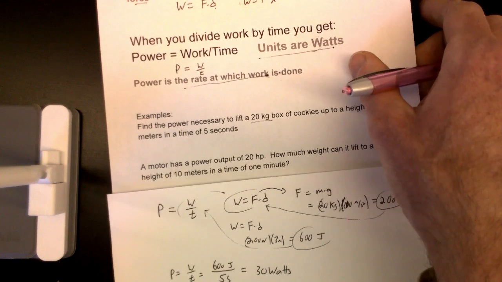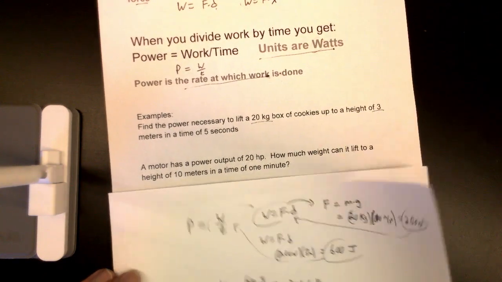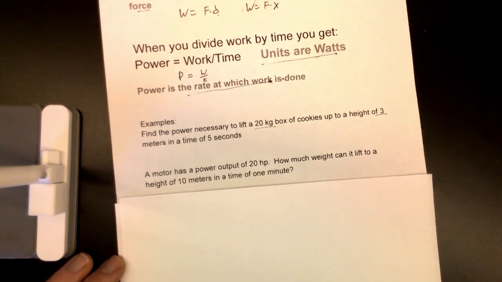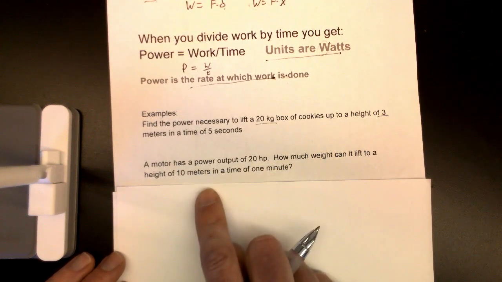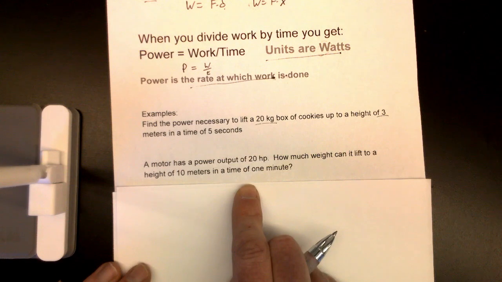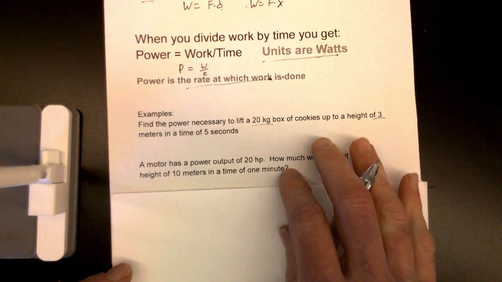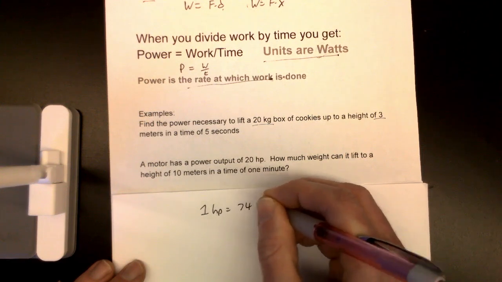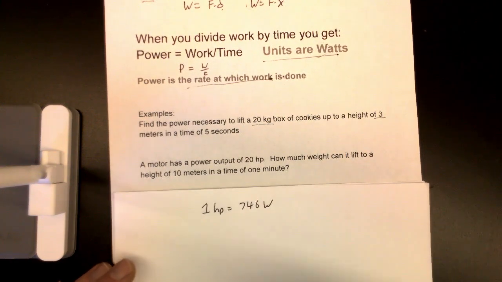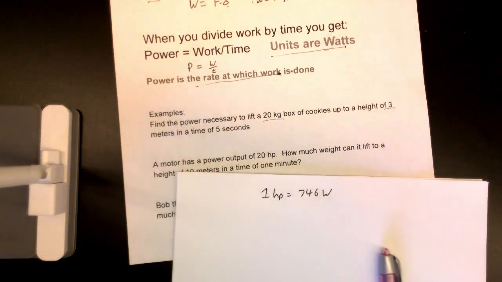Another example over here. Let's flip this over. A motor has a power output of 20 horsepower. How much weight can it lift to a height of 10 meters in a time of 1 minute? So just recalling that 1 horsepower is 746 watts. Actually, I need to grab my calculator.